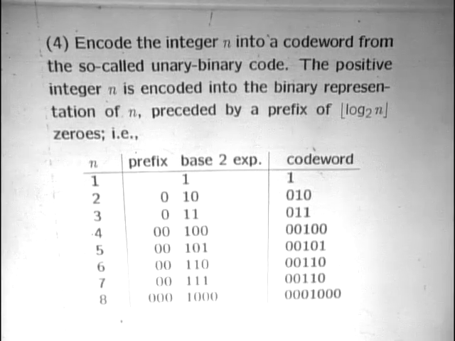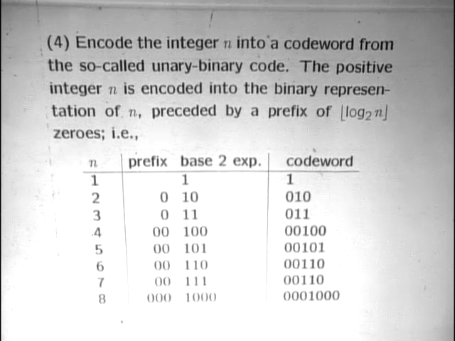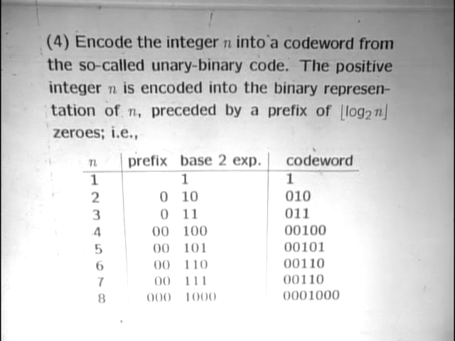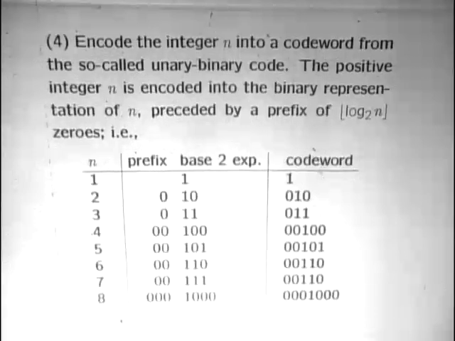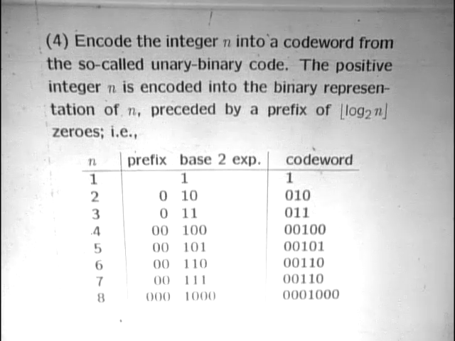And the idea is to encode the integers. There are an infinite number of integers. And what you'd like to do somehow or other is have shorter code words for lower integers and longer code words for longer integers. And in this particular Lempel Ziv algorithm, it's particularly important to have the length of the code words growing as the logarithm of n.